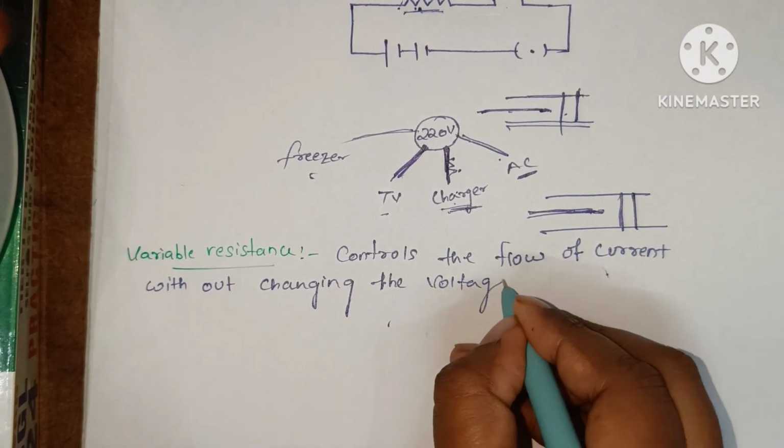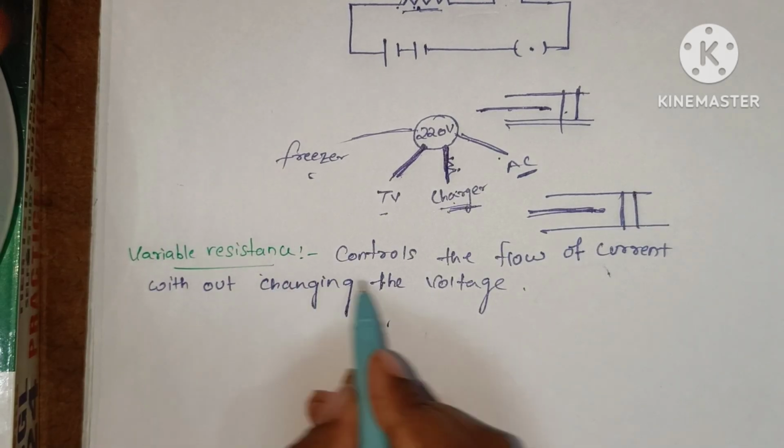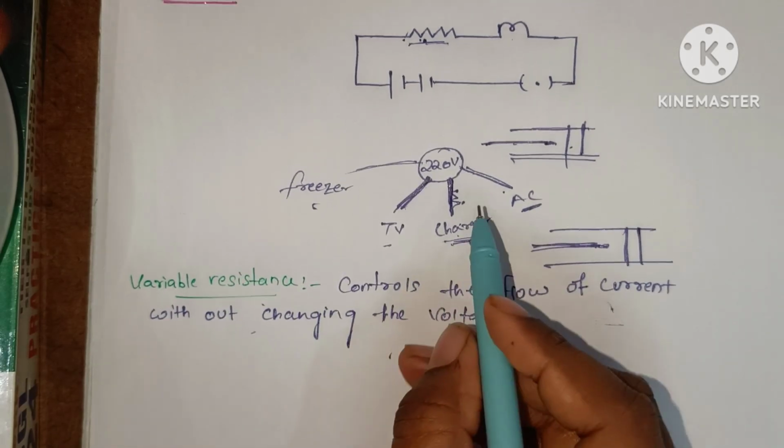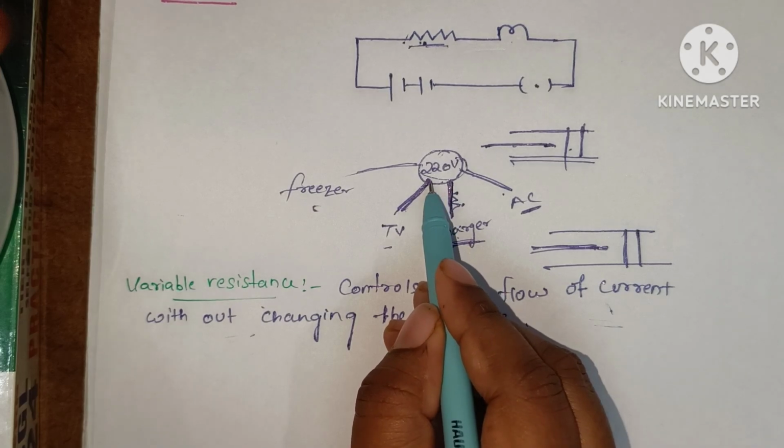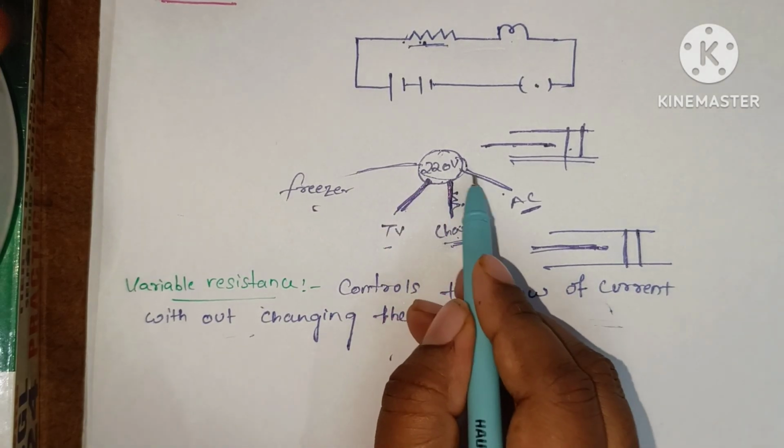So here variable resistance means it controls the flow of current without changing the voltage. It will not change the voltage, but it can control the current.